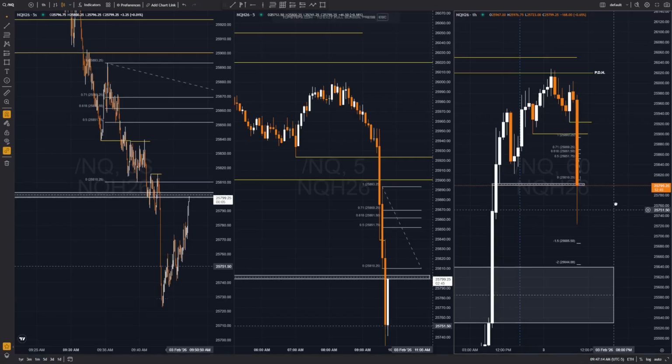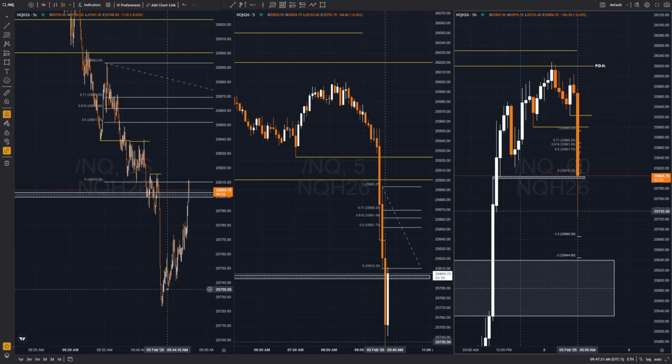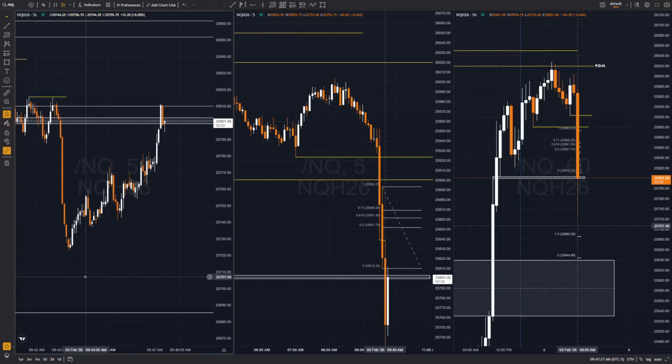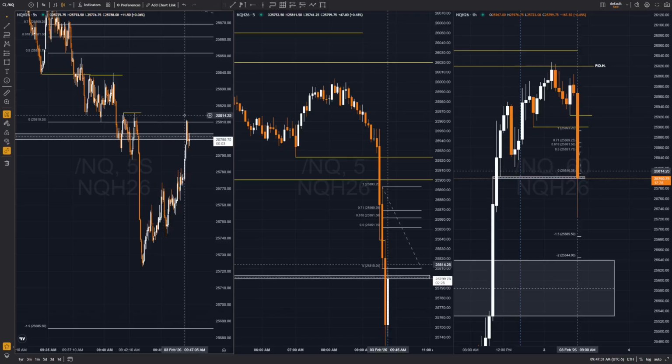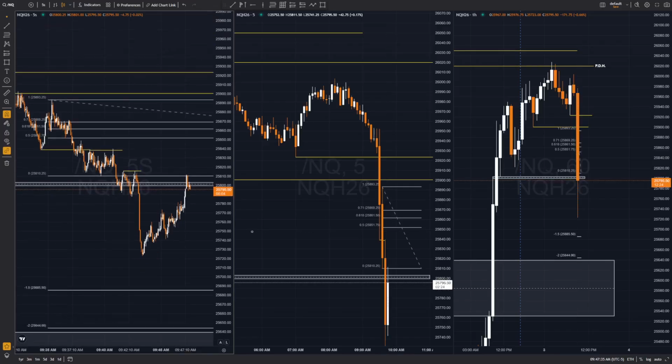So yeah, we could come down. That's crazy. We came to my first area of liquidity and then it just rejected. See, that's why it's always good to have a target and take your target, because now the market at some point could come down and start taking these highs.